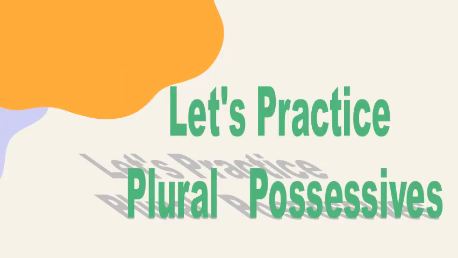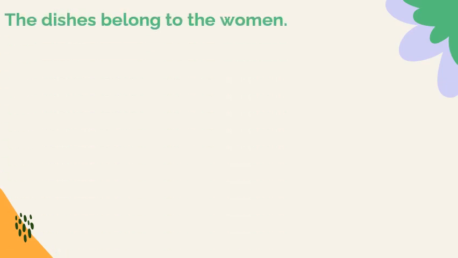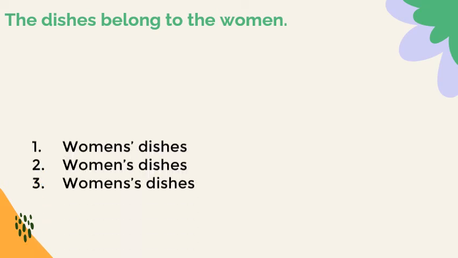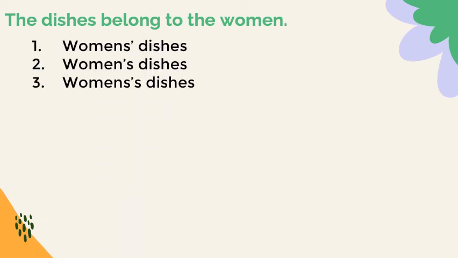Let's practice plural possessives in general. The dishes belong to the women. So it's going to be the women's dishes, right? So the women's, I have to put what? Apostrophe, then S. So which one is the right answer?